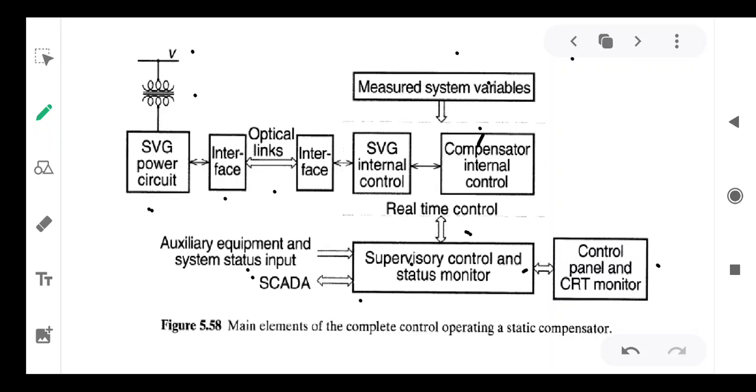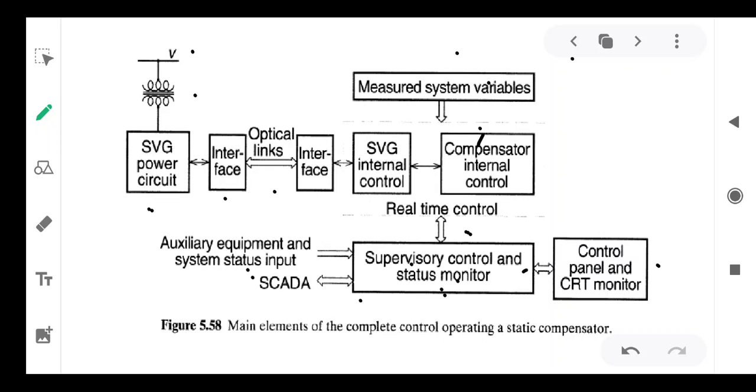So this is the centralized control provided at the control center of the APSCB or Transco control circuit. Through this control circuit, you can control each and every individual control center with the help of SCADA.